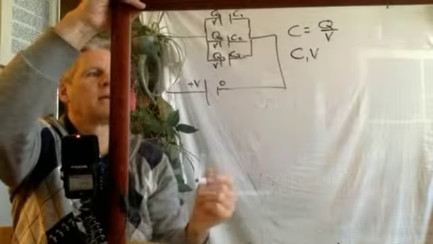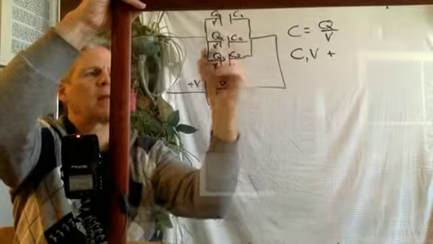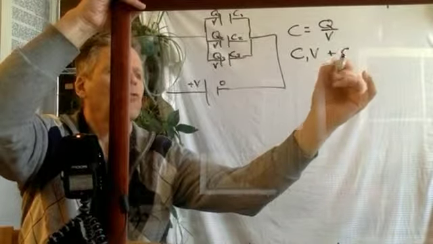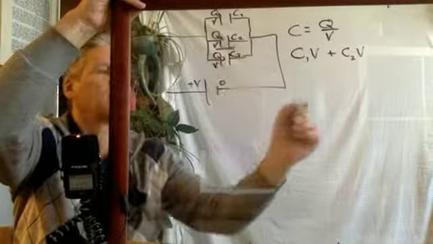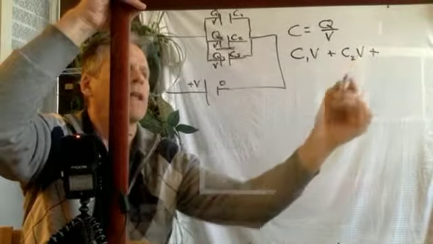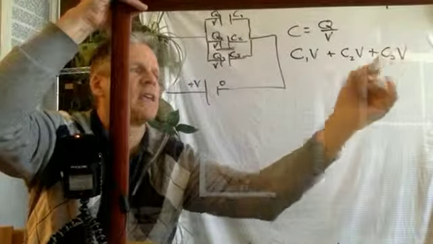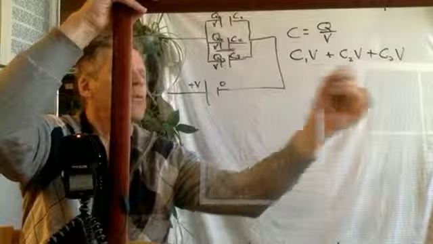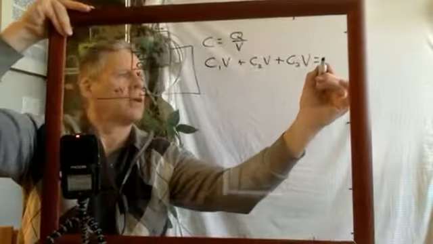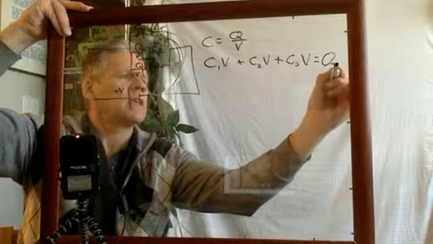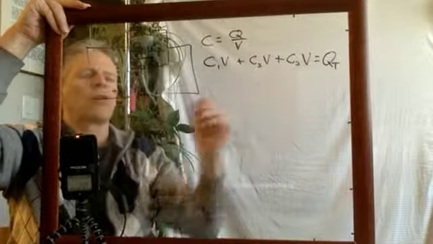It's C1, so that's one bit of charge here. What's the second bit of charge? Q2 is just C2V, and once again, the V is the same. Then we have C3V. And what does this equal? This equals Q total, QT. Yes, okay, so this equals the total charge.